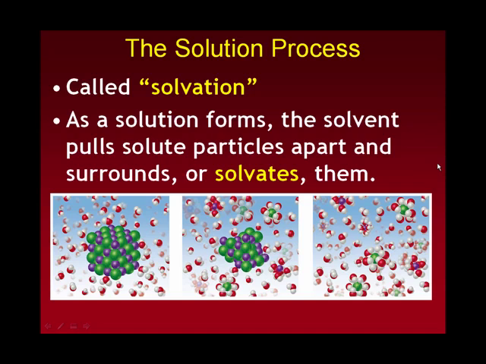What happens here is you have a salt crystal in these pictures, surrounded by all these little red and white water molecules. And what's happening is the water molecules are pulling apart the salt crystal.